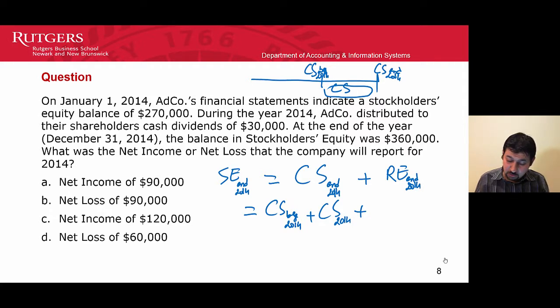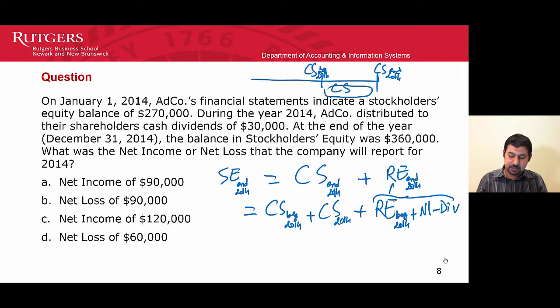So the retained earnings statement would say that it's retained earnings beginning balance plus you add net income less dividends of that year. Those three are equal to the retained earnings ending balance, and those two are equal to the common stock ending balance.